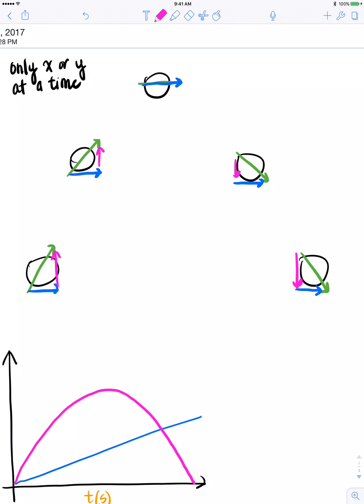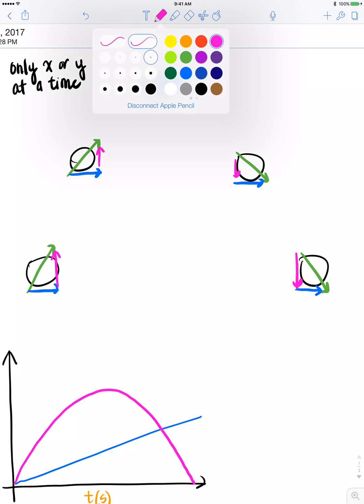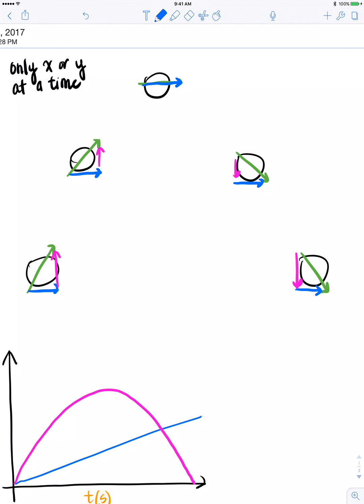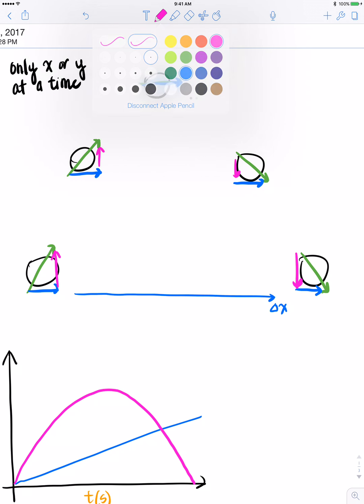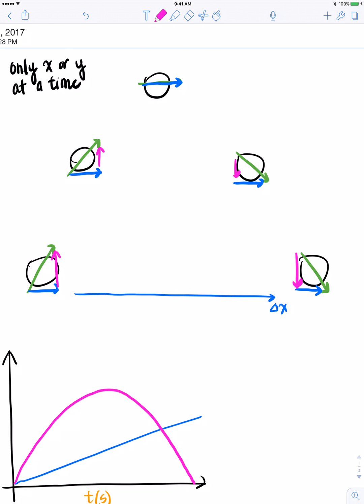This you can see illustrated as well when we look at displacement. In the x direction, our displacement continues to increase in the positive direction. On the y-axis, our displacement behaves differently.